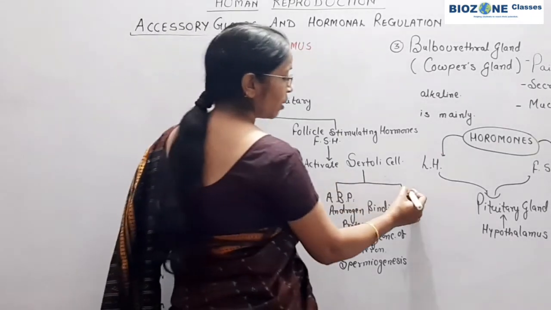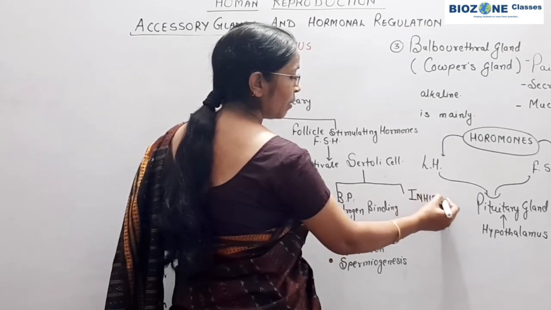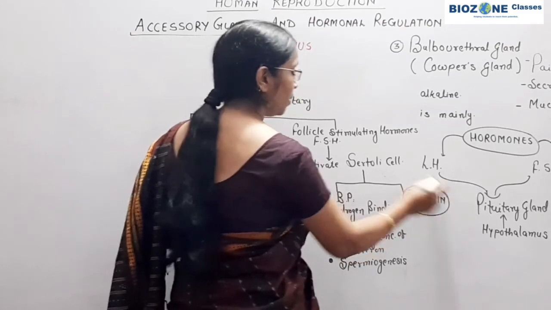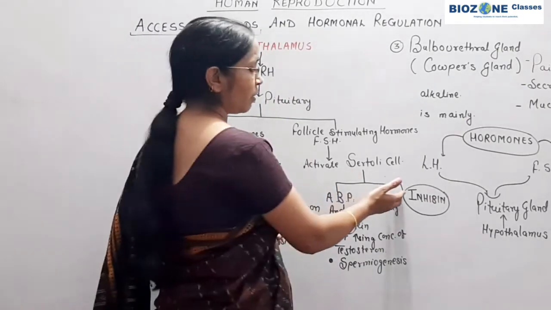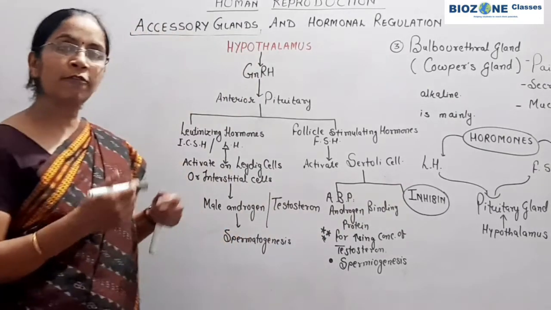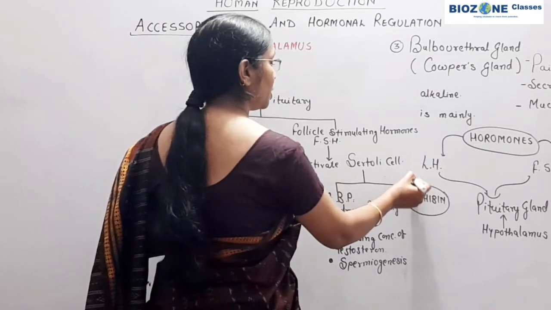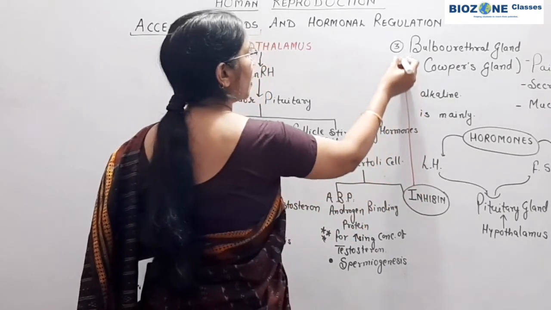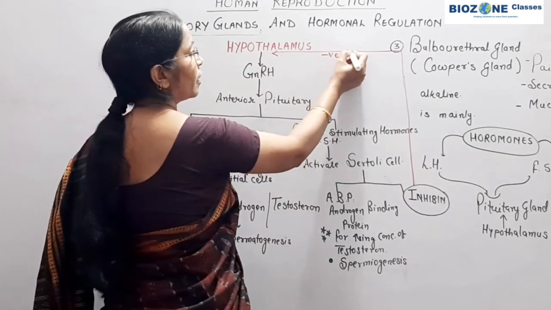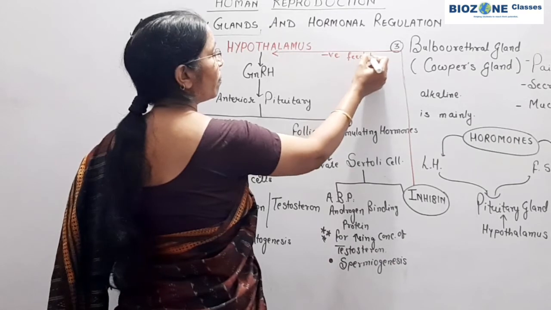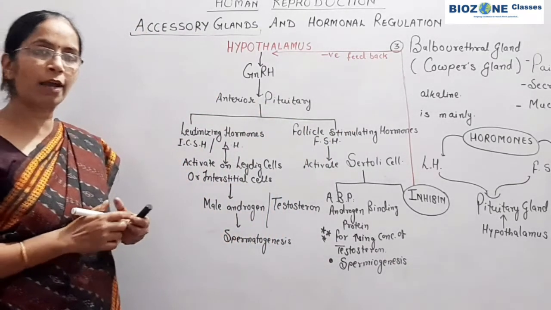required. The other, a negative hormone, is inhibin. Inhibin is also released by the Sertoli cells, and this inhibin is responsible for feedback inhibition. Feedback inhibition means this inhibin moves in reverse direction and gives negative feedback. Negative feedback is developed when a sufficient amount of spermatozoa are formed.